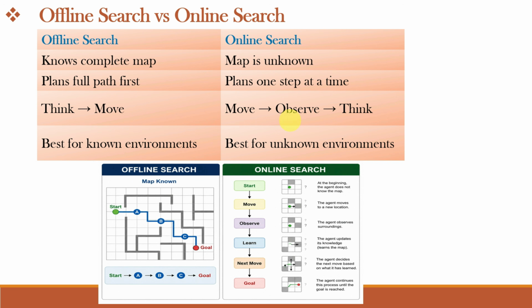After moving, it observes the surroundings, then it decides the next action. Again it moves, again it observes, and again it decides. So online search continuously alternates between action, observation, planning, again action, again observation, and so on. And this makes online search suitable for unknown and changing environments.